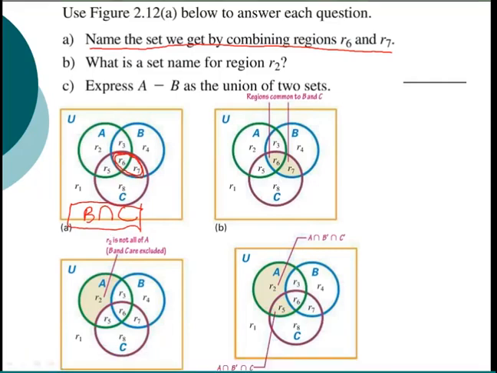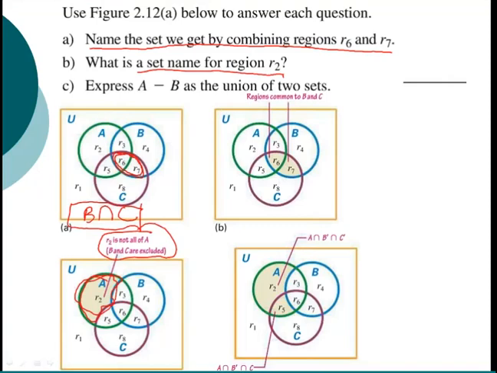Next, it says, what is the set name for region 2? Well, region 2 is this area right here. This is not all of A; B and C are excluded. Since we're cutting out B and C, we're starting with A and then subtracting B and C. Now, I don't want to say subtract B, subtract C, because then I end up with a different quantity.